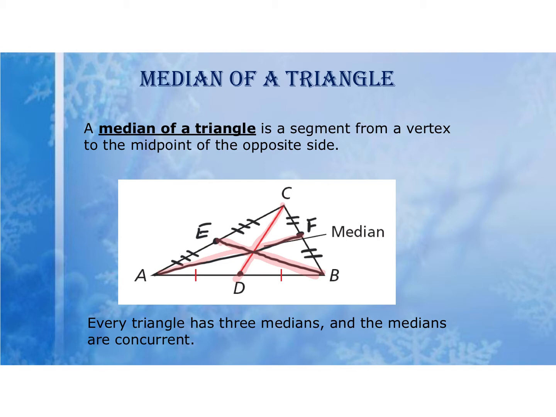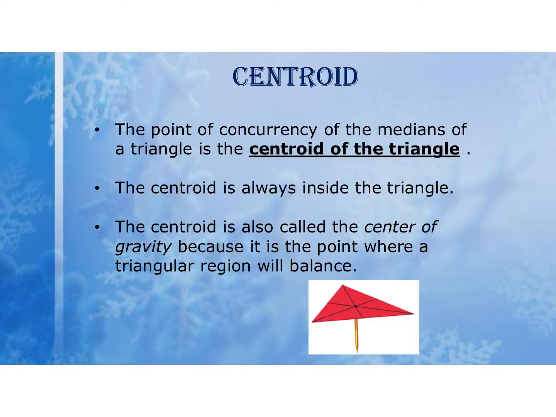The point where the 3 medians all meet, right here in the middle, is called the centroid. The centroid is the point of concurrency of the medians of the triangle, and it is always located inside the triangle.